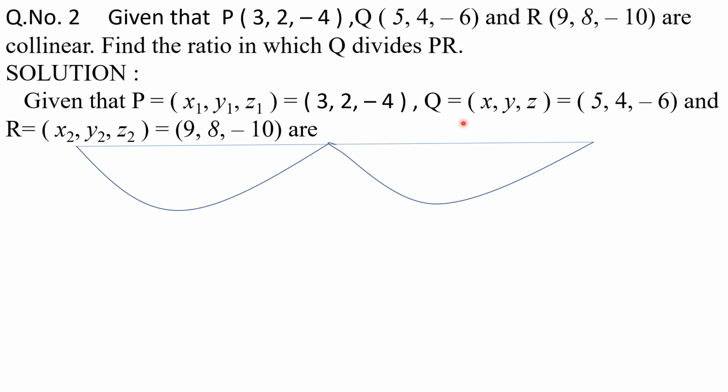It is given that these 3 points P, Q, R are collinear points. For our convenience, we took the first point as x1 comma y1 comma z1. Here Q is dividing the line segment, so we are taking Q as x comma y comma z, and R is taken as x2 comma y2 comma z2, the second end point of the line segment. Understood this point, my dear children? Right.